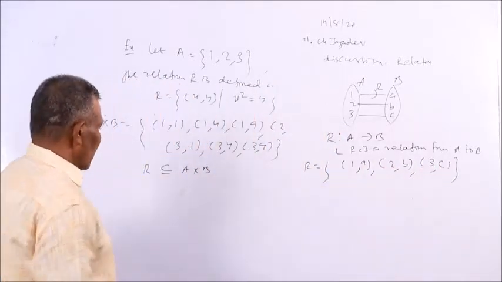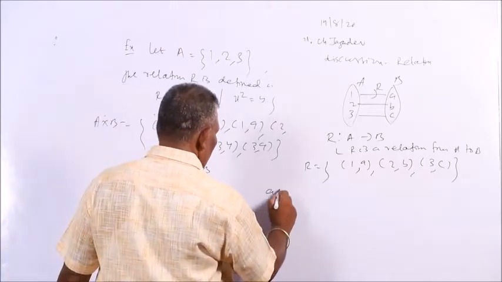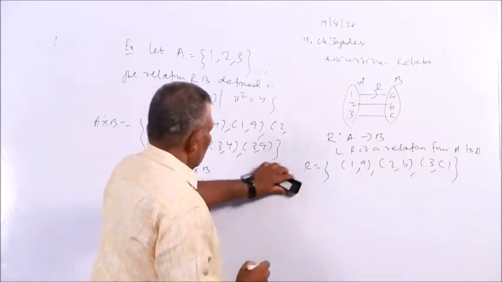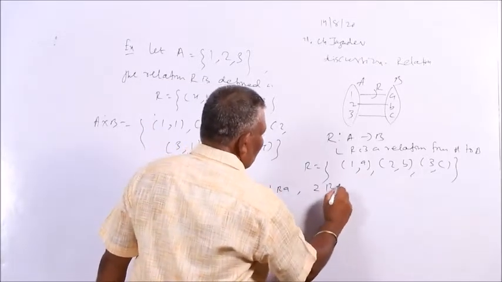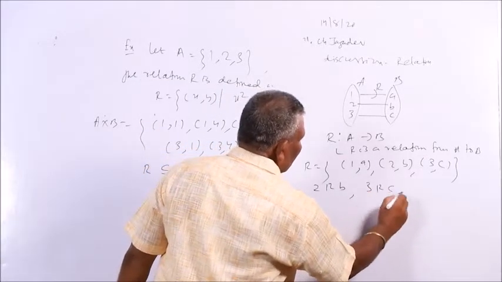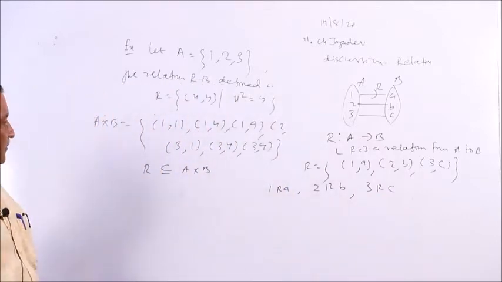We can write it also as 1 related to A, 2 related to B, 3 related to C. We can also write like this.